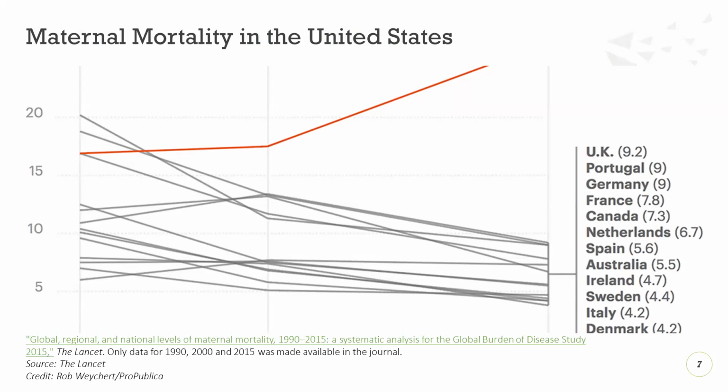We can't see the numbers here, but in all the rest of the world, since about 2006, maternal mortality is declining. Portugal, Germany, France, Canada, Netherlands, Spain, Australia, Ireland, Sweden, Italy, and Denmark, maternal mortality is declining. But in the United States, this is the United States line, it is actually rising.